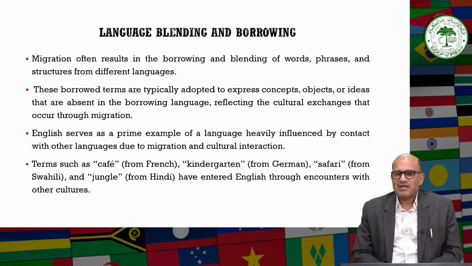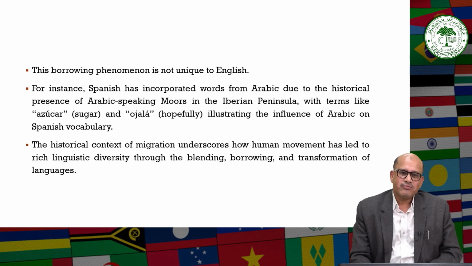English serves as the prime example of a language heavily influenced by contact with other languages due to migration and cultural interaction. Terms such as cave from French, kindergarten from German, safari from Swahili, and jungle from Hindi have entered English through encounters with other cultures.